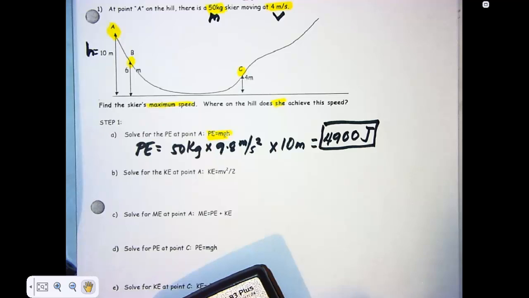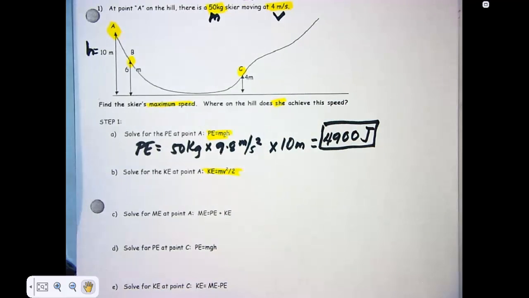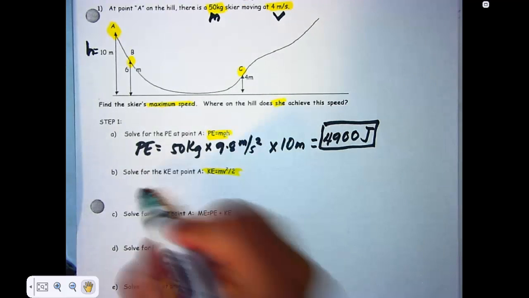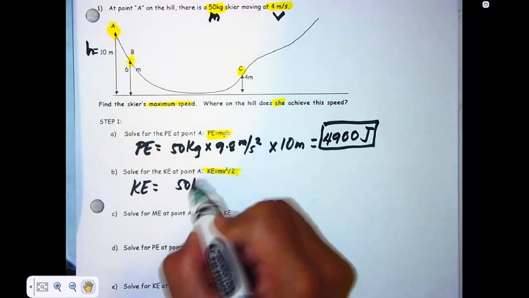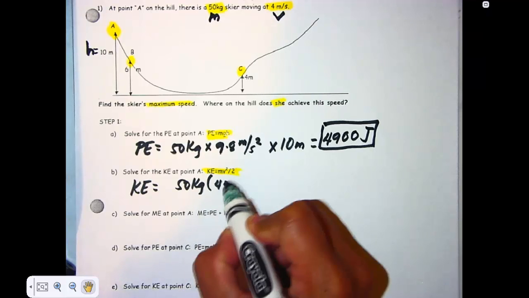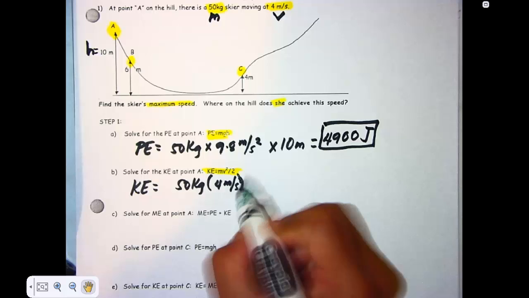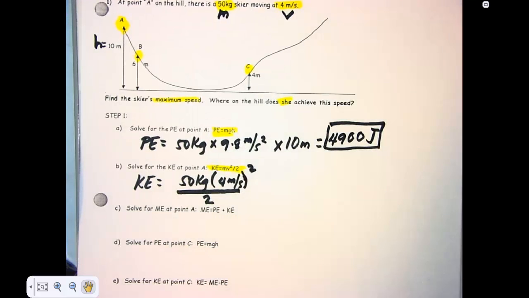Kinetic energy is mass times the square of the speed divided by 2. That would give us KE equals the mass of 50 kilograms times the square of her speed, which is 4 meters per second at point A. We square that and we divide the whole thing by 2.